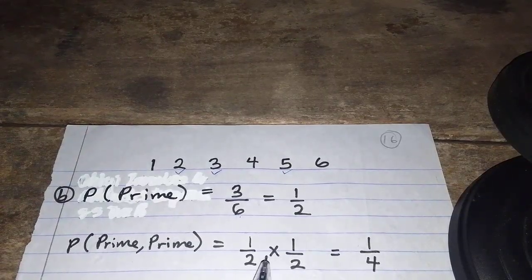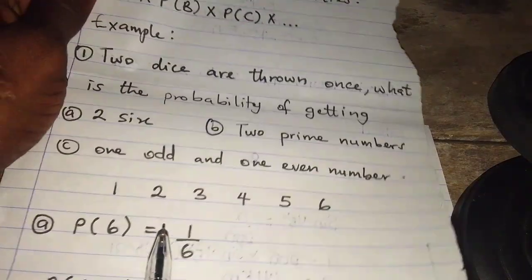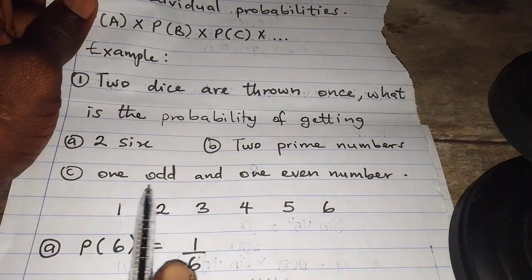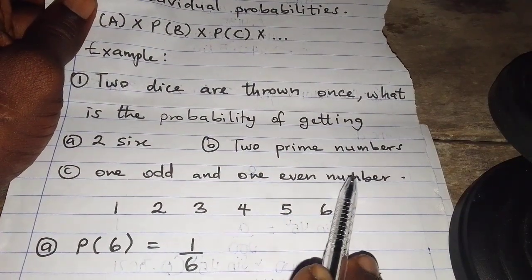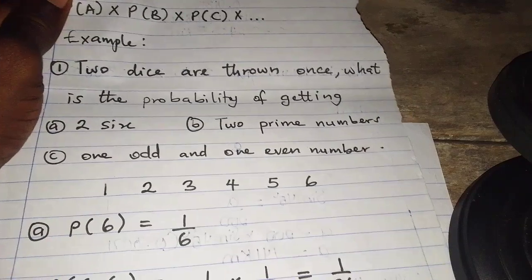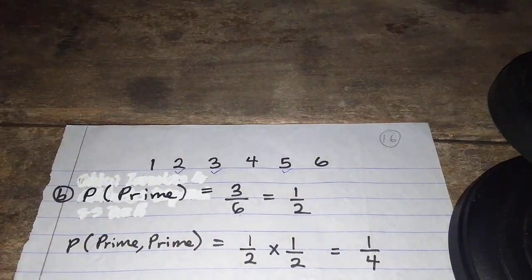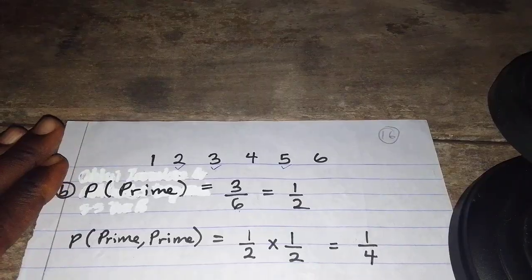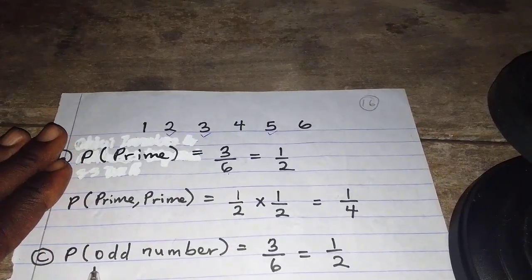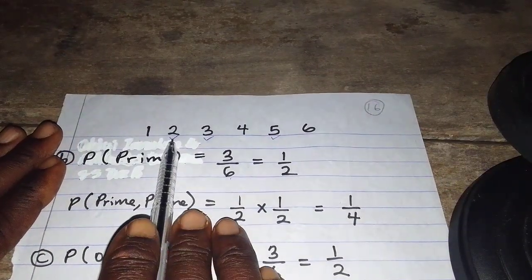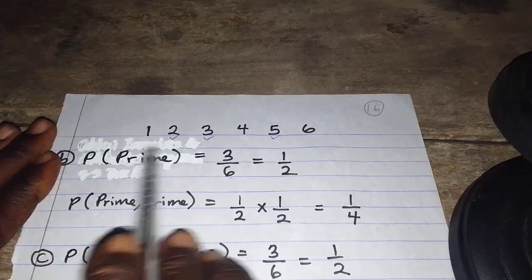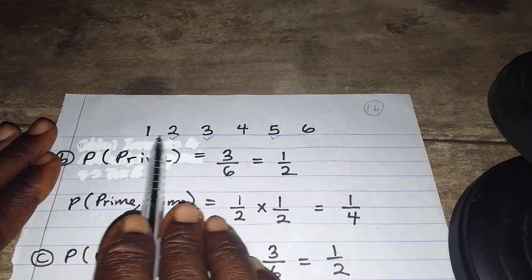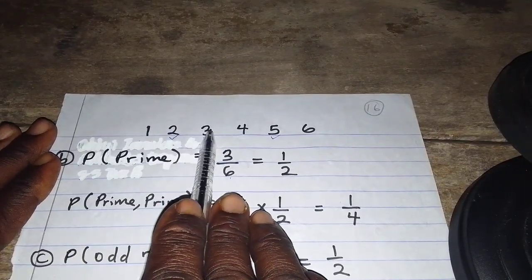Then the C part of the question asks, what is the probability of getting one odd and one even number? First of all, the probability of getting an odd number. The odd numbers here are 1, 3, and 5.